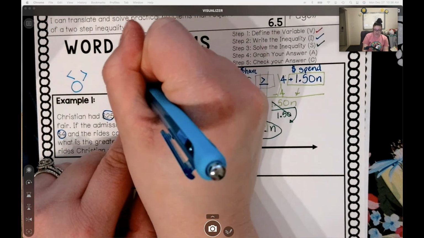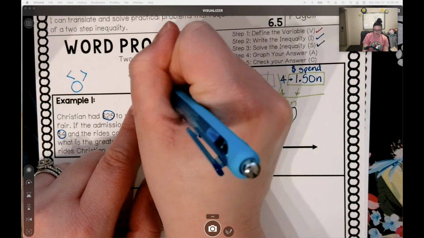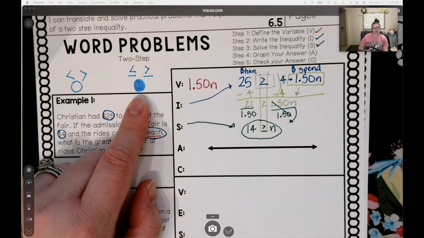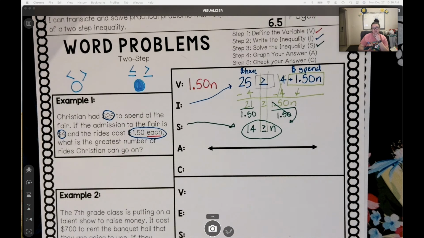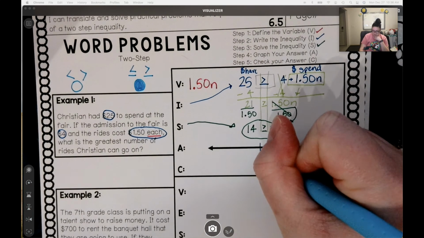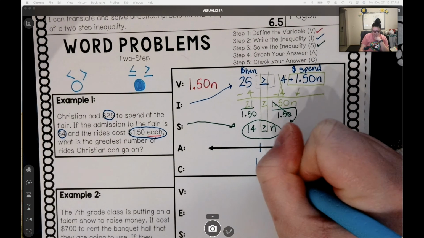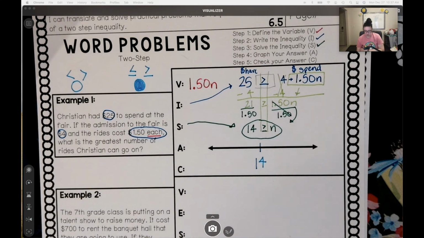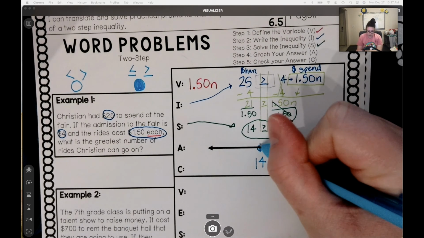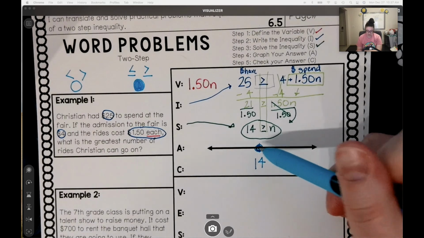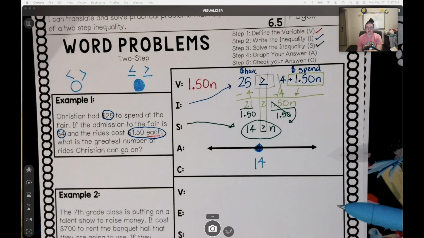But if I have the line underneath, if I'm extra with my sign, I got to be extra with my circle. I would have to color it in. So here we know our answer's got to be 14. Open or closed circle? Closed. Why is it closed? We've got our line underneath. Our line underneath makes it a closed circle.